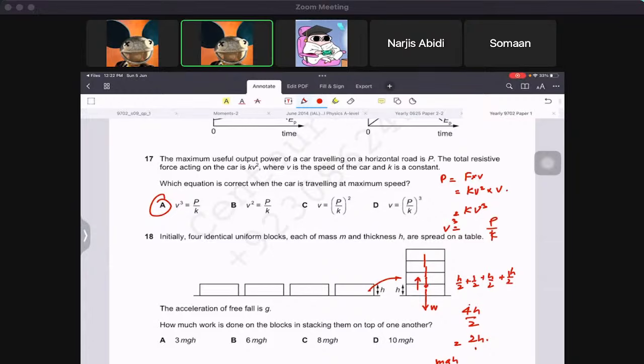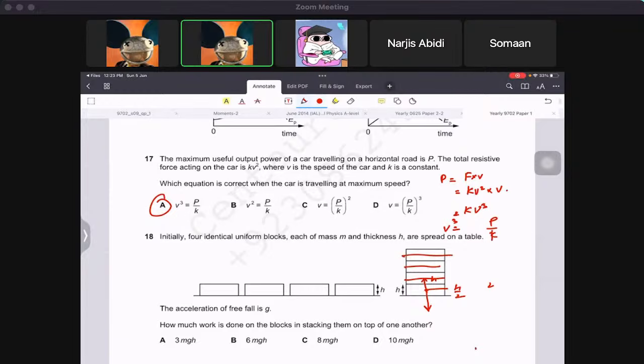Okay, wait a second, this can't be like this. So the center of gravity acts here, which is h by 2. So every time it needs to put a stack, it must move a distance of h to the new one, and then the new one, and then the new one.